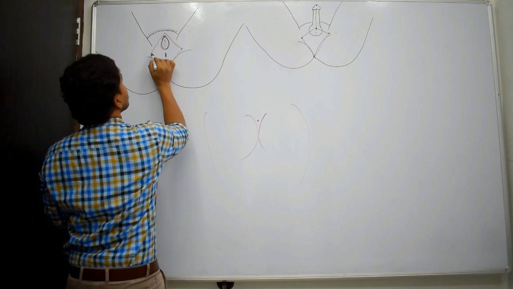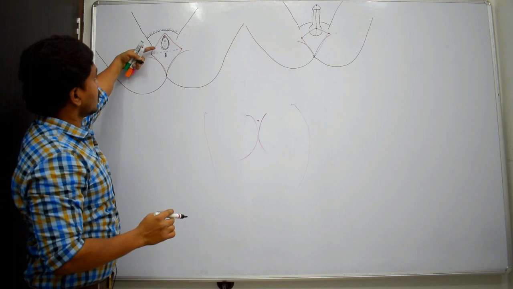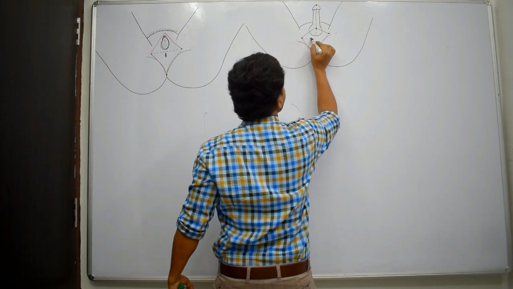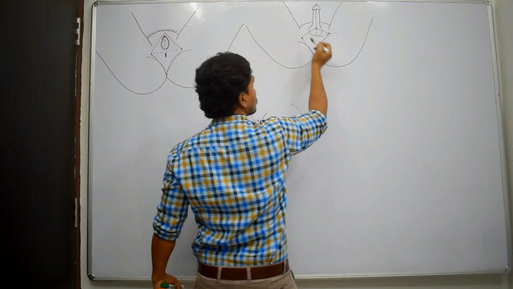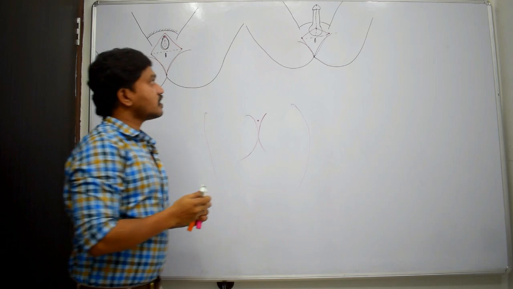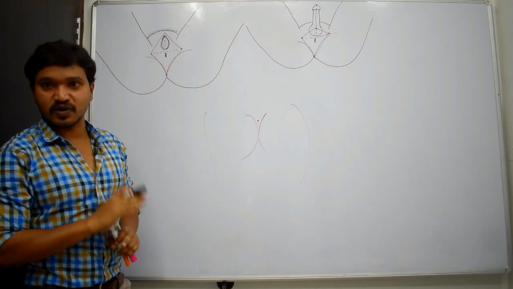So if you meet these two points, we are dividing this perineum into an anterior part and a posterior part. Here also in the same manner we are dividing it, right? Of course here the anus. So this is the perineum, superficial boundaries.